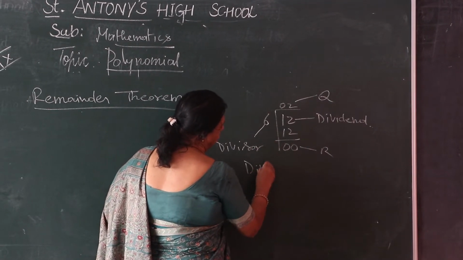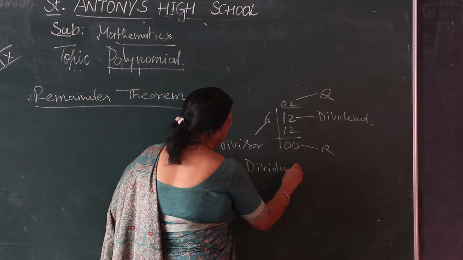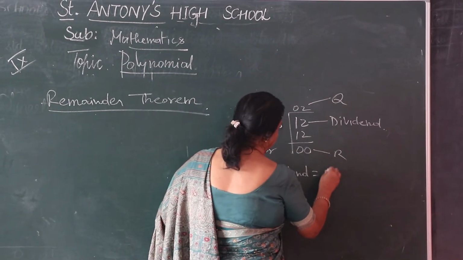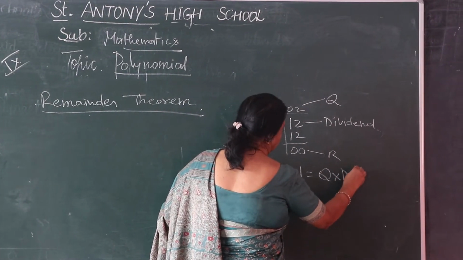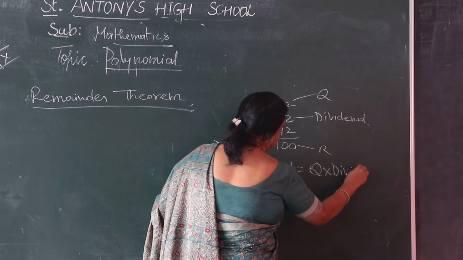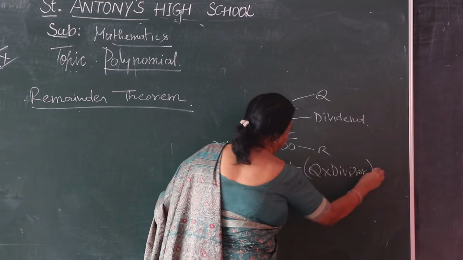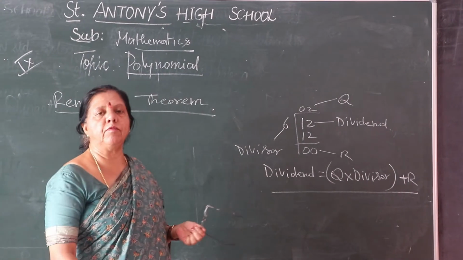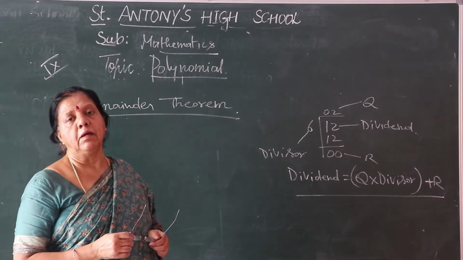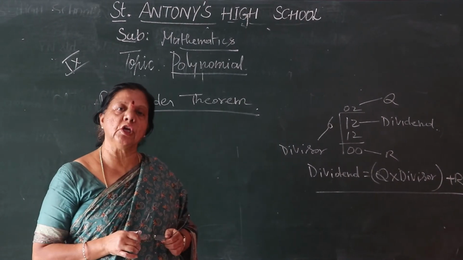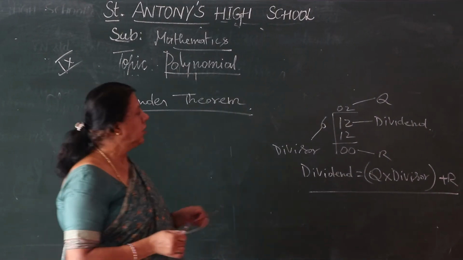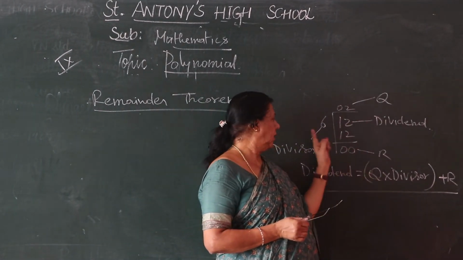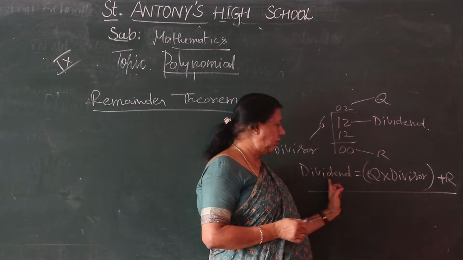Dividend is equal to the quotient into divisor multiply plus remainder. You are getting a dividend. This is the formula we are using for verifying the division concept. Okay, children. So this is a quotient, this is a dividend, this is a remainder, this is a divisor. How do you find out the dividend?